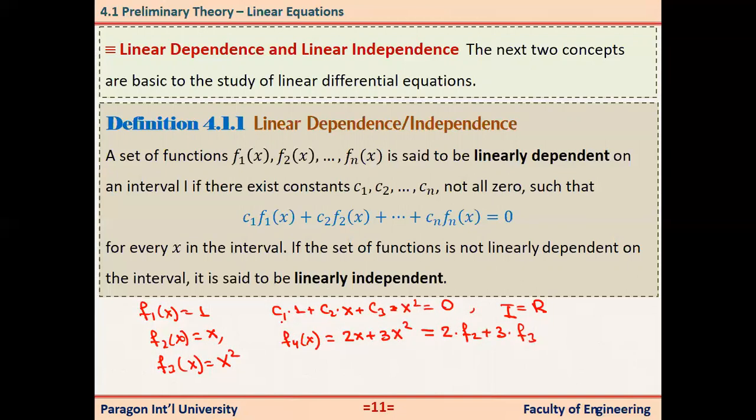So actually this means that if I add this function, this set becomes linearly dependent, all right? And if I remove it, these functions are linearly independent. Why?